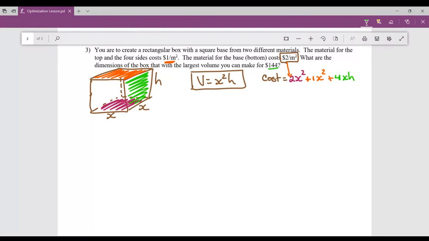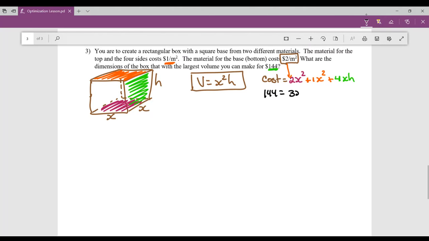And the total cost is $144. So 144 is equal to 2x squared plus x squared, well, actually I can combine those to 3x squared, plus 4xh. There is my cost equation.